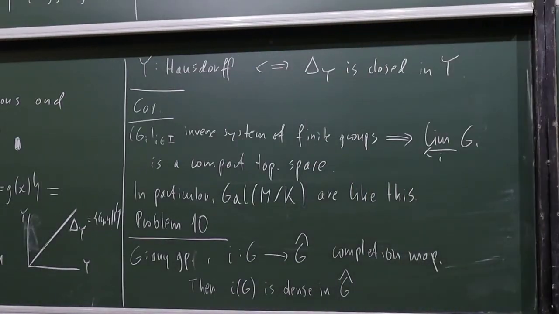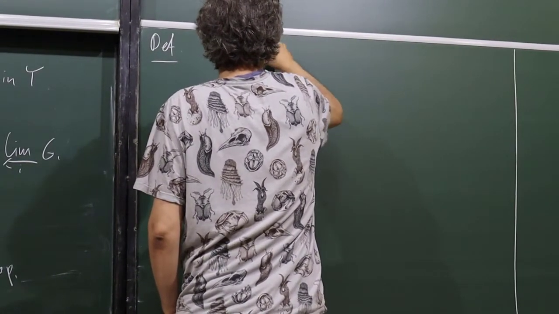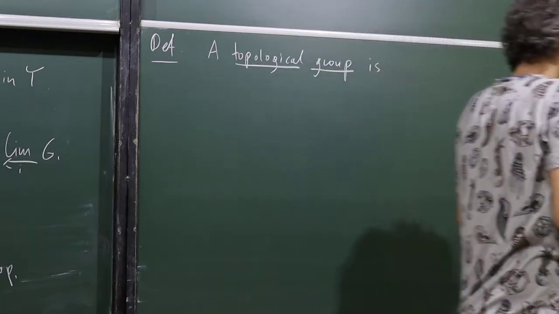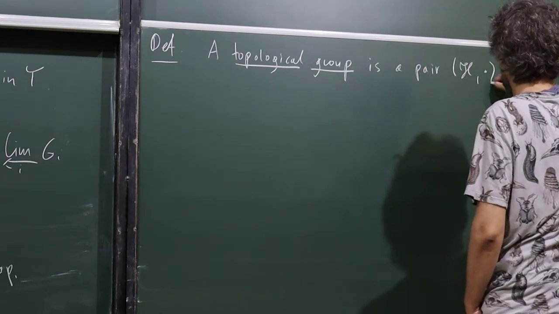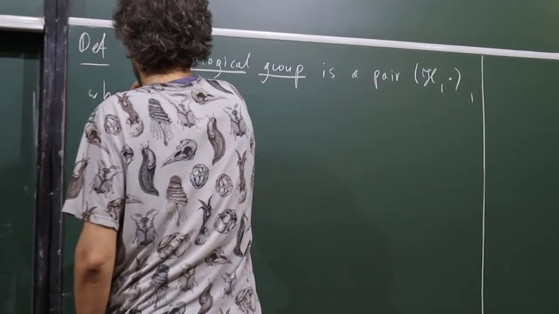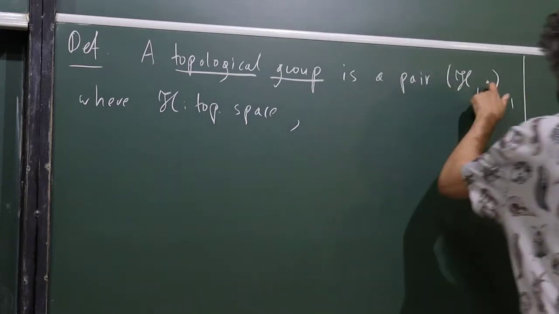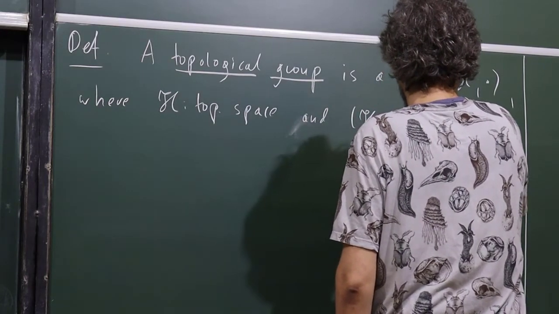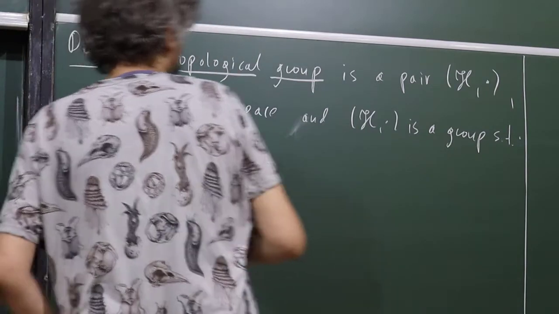Okay, so let me still define, even if you know what a topological group is. A topological group is a pair, so I write it a bit quickly, where this is a topological space, and on this set the dot makes it a group, such that first, the two structures agree.